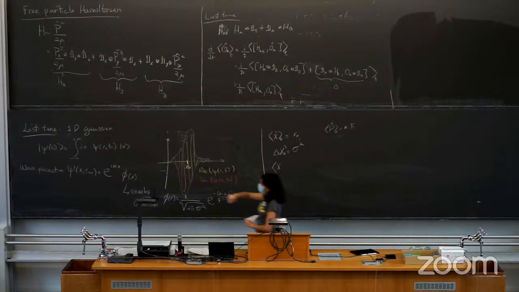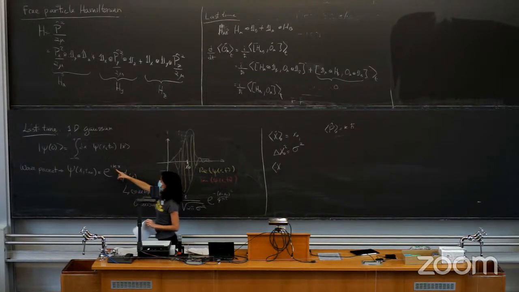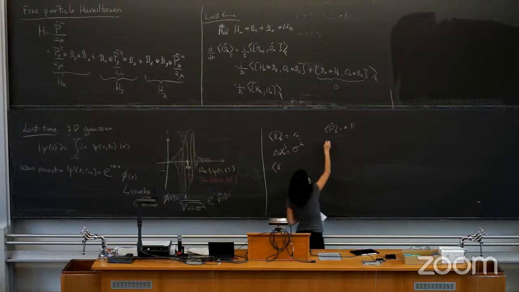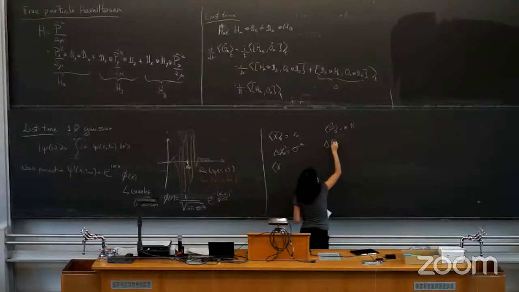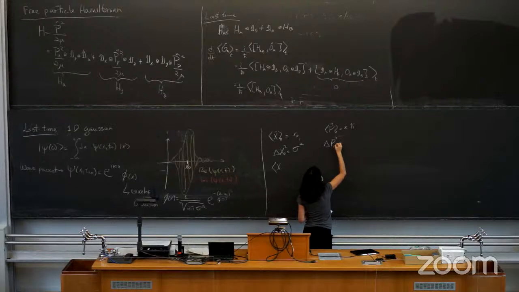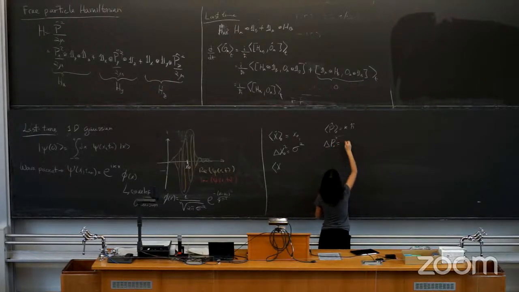So that's k. Delta p squared is h bar squared over 4 sigma squared.